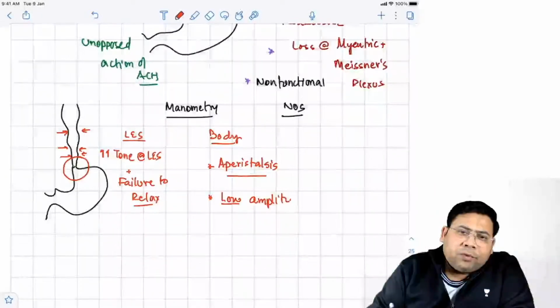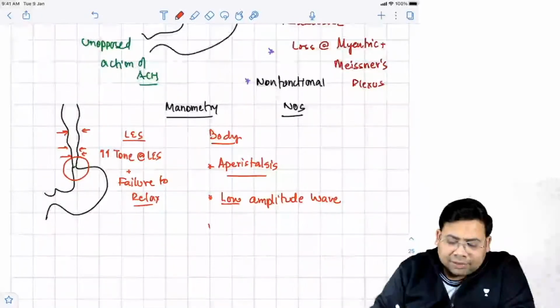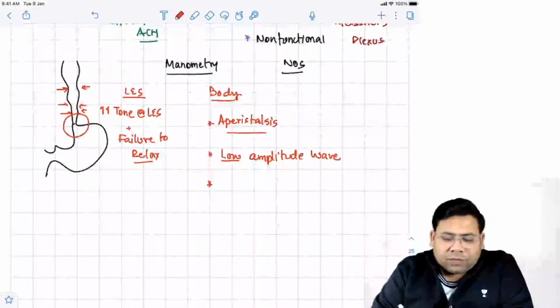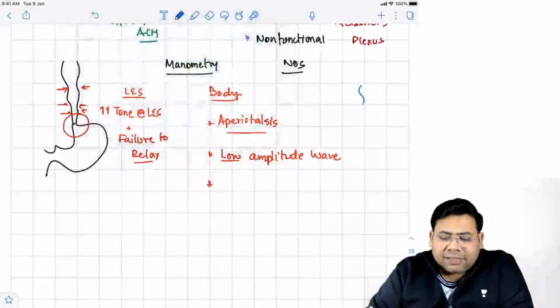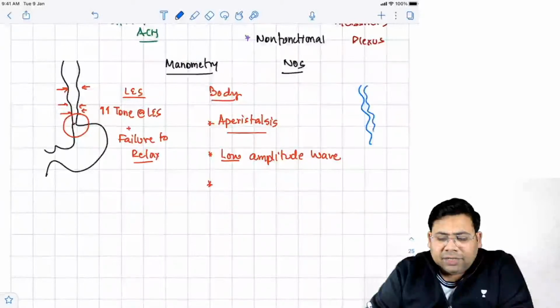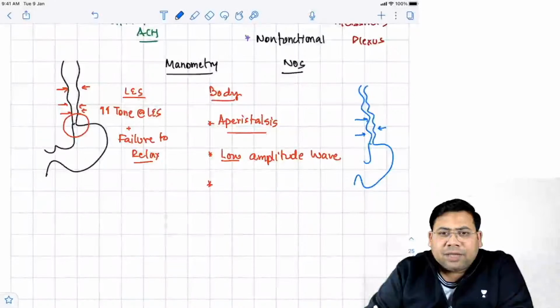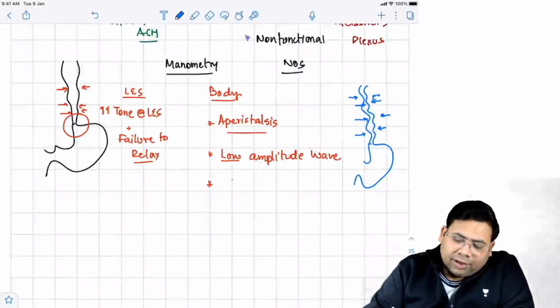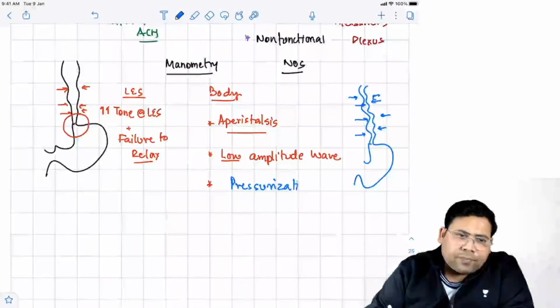Third, if you see in the late stages, the complete esophagus will be compressed by the uncoordinated, unopposed action of acetylcholine, and this is what is known as the pressurization of the esophagus.